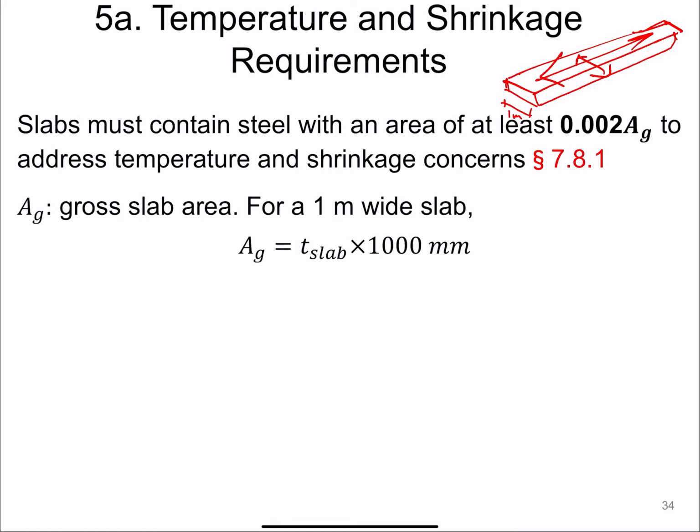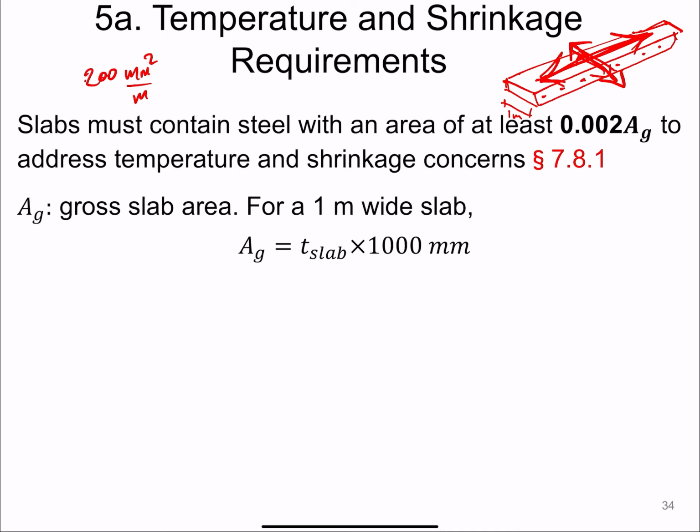So let's say for this direction, you end up needing some steel transversely, like this, and then you do the check for the main load direction, and then you end up with whatever amount of steel, let's say 200 square mm per meter.